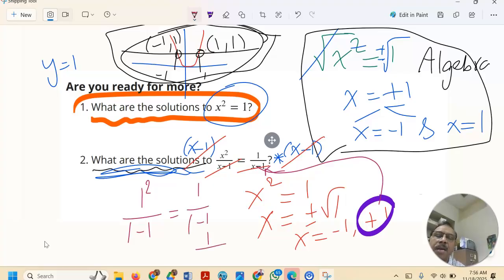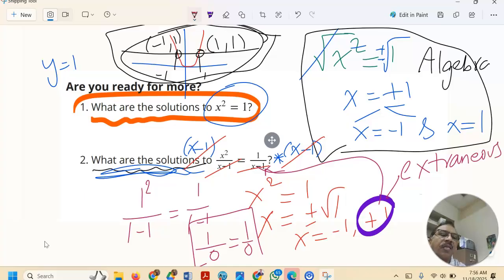And you end up getting 1 over 0, and that does not make sense. So this is not good. So this is the extraneous solution, but this is the right answer. That's where the graphs cross each other.